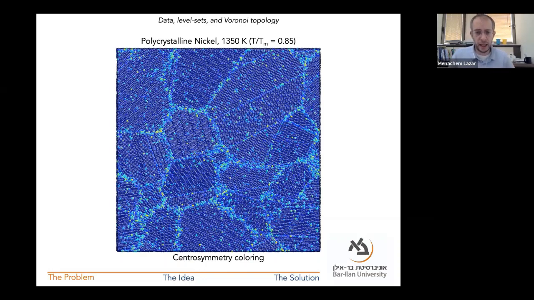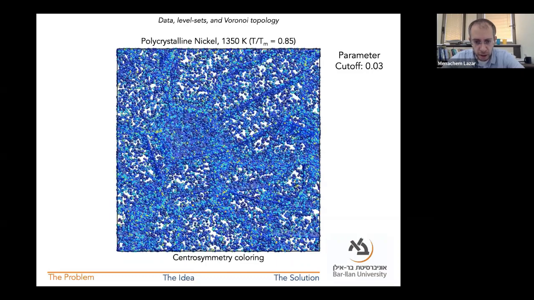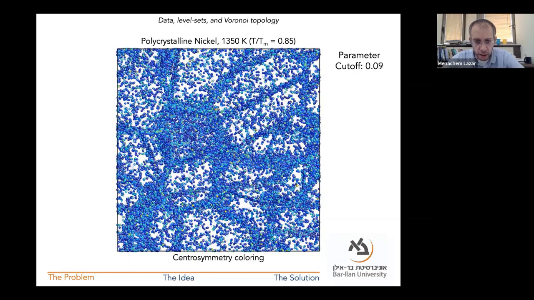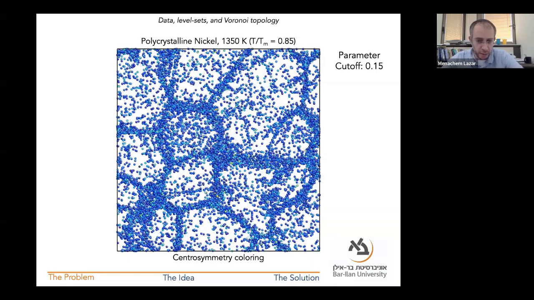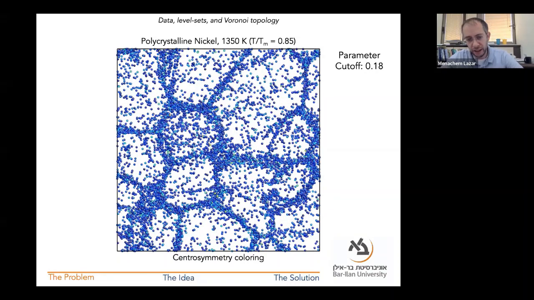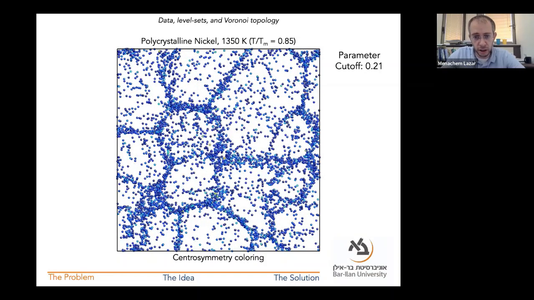And we'll say that any atom here that has a value of this order parameter below a certain value is considered very crystalline-like, and we can sort of ignore it because we're on a hunt to look at the defects. So I'm going to choose some cutoff, the parameter cutoff on the top right, and I'm going to erase anything below that cutoff. And I'm going to start tuning this slowly and erase more and more of the atoms until you have a better picture of this structure, okay?